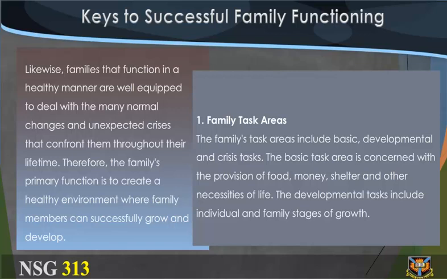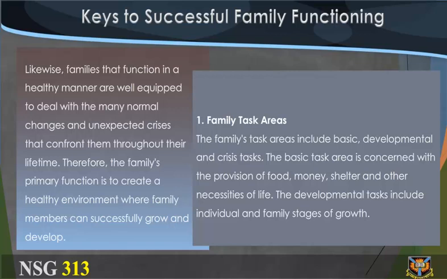1. Family task areas. The family's task areas include basic, developmental, and crisis tasks. The basic task area is concerned with the provision of food, money, shelter, and other necessities of life.